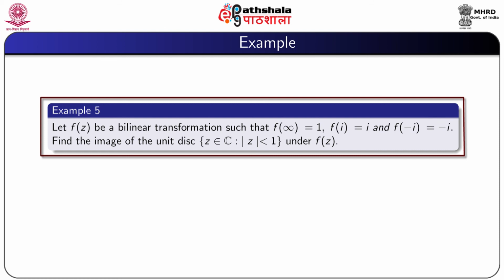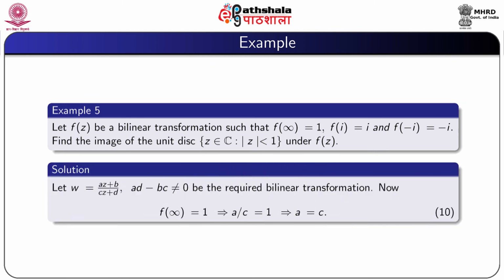Find the image of the unit disk, that is the set of points z belonging to C such that mod z less than 1, under the transformation f(z). So, solution: let w equal to (az plus b) by (cz plus d), where ad minus bc not equal to 0, be the required bilinear transformation.